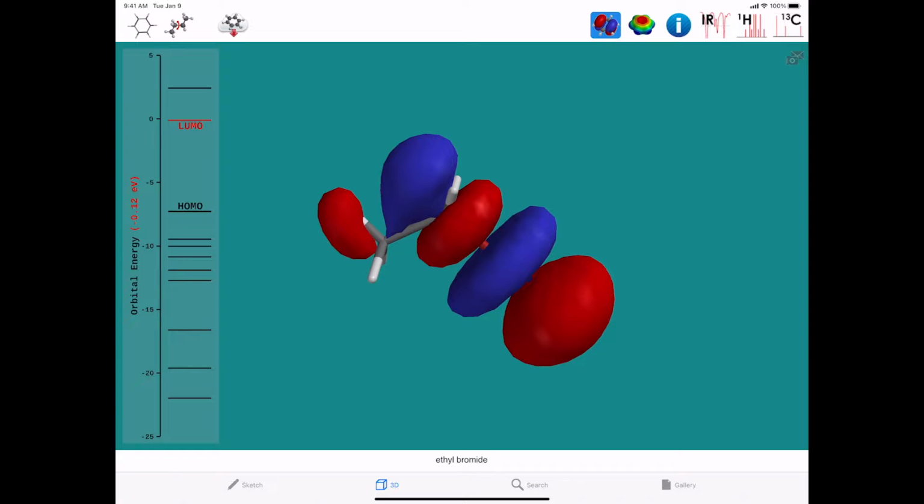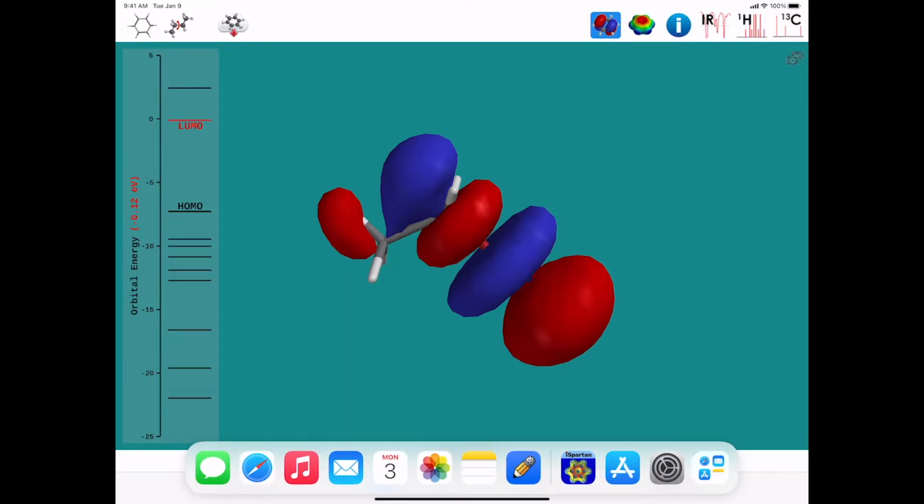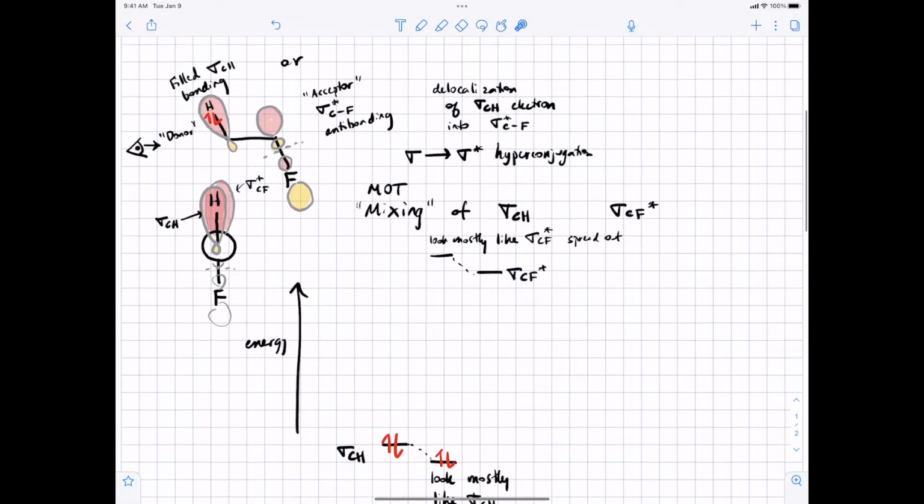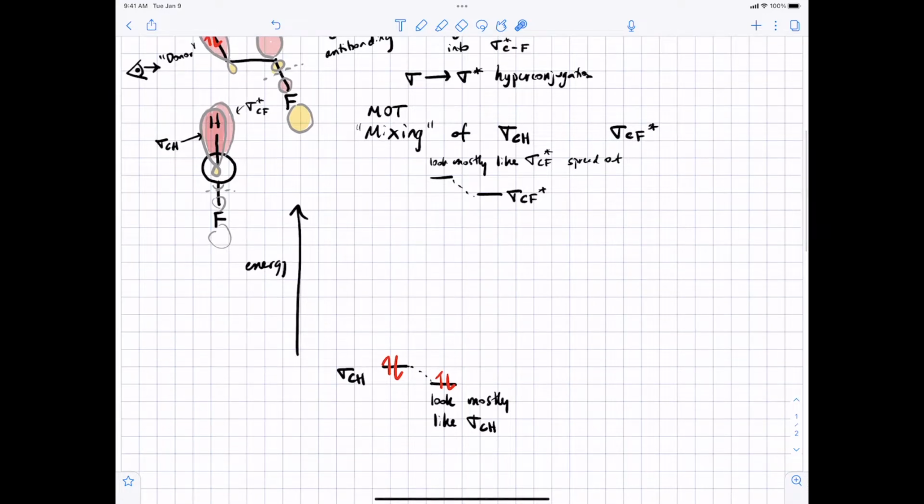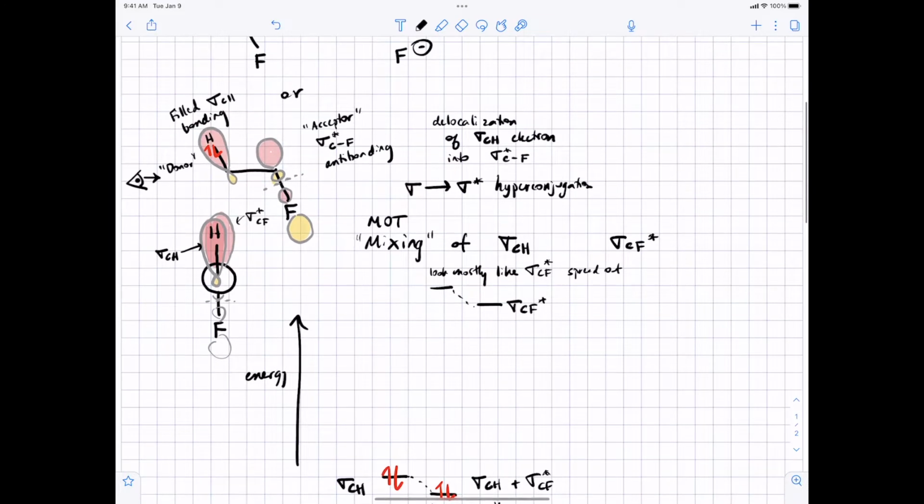And that's what we would get if you imagine adding together, this would be the plus combination of sigma CH plus sigma star CF, and up here the minus combination, sigma CH minus sigma star CF.